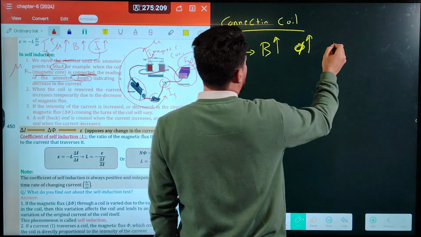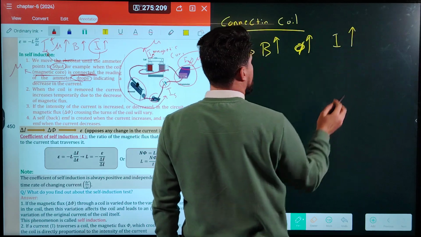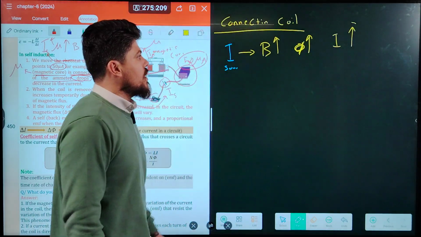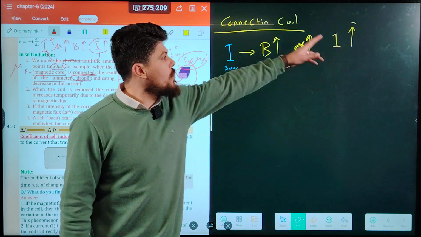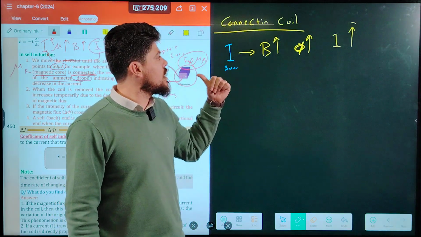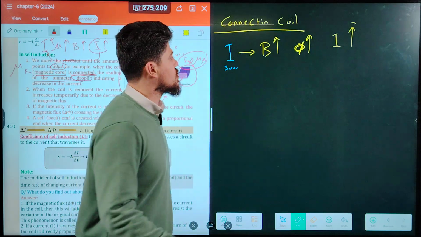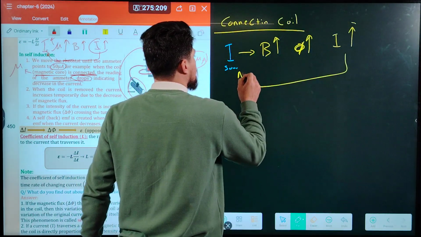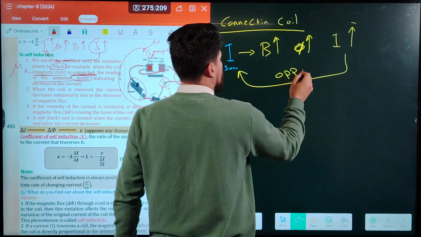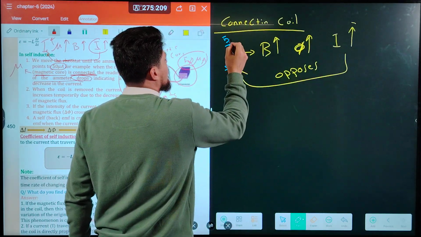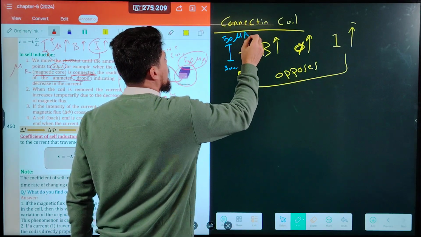When magnetic flux increases, the induced current also increases. According to Lenz's law, the induced current opposes the change of what? The change of the magnetic field and the current of the source. These two currents oppose each other. So the reading of the ammeter, the galvanometer, is 50 microampere.